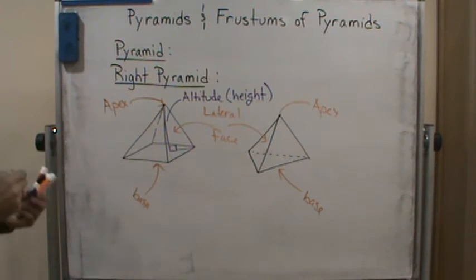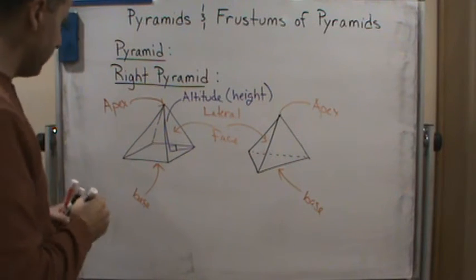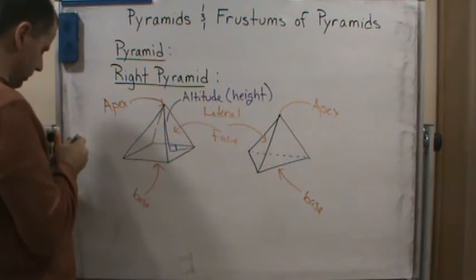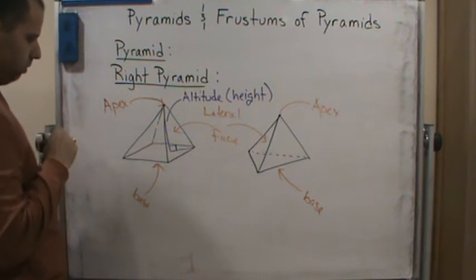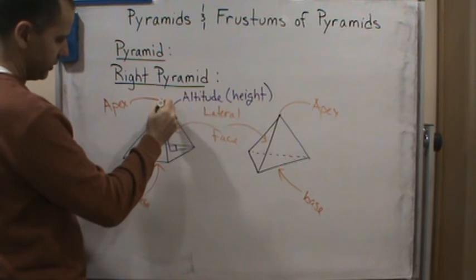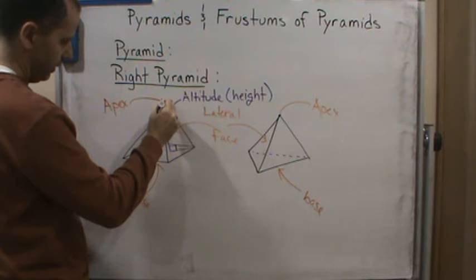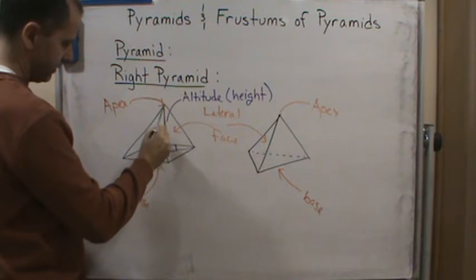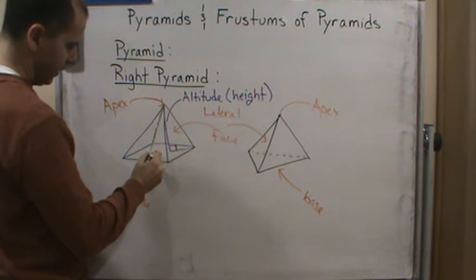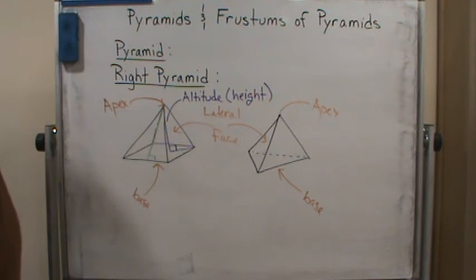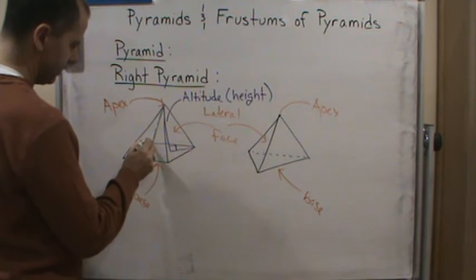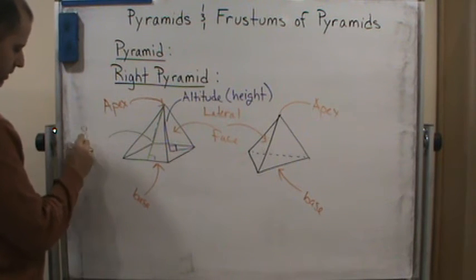Now, if we measure from the apex, if we take a perpendicular line along the face, perpendicular to the edge, then this is called the slant height.